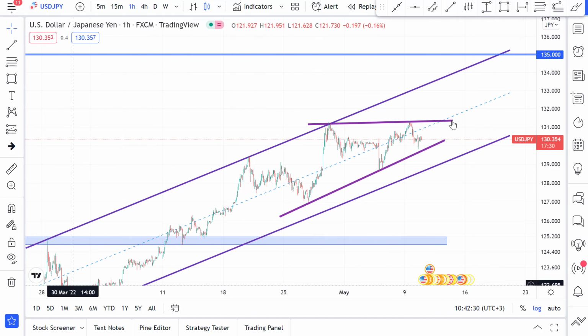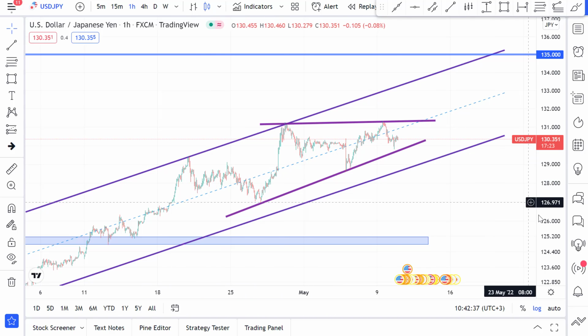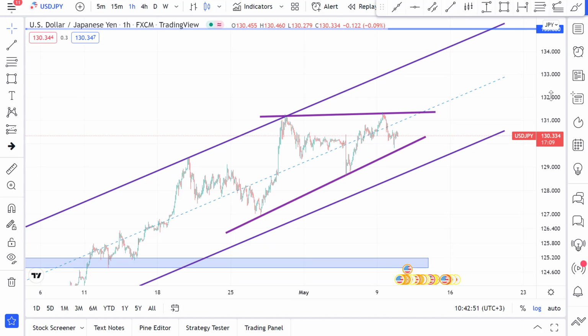I told you that you can draw the same channel I have drawn, and these two lines are very strong. We should wait to see if there is any reaction at the bottom, and after that maybe the midline and this part, because we can see a stronger US dollar in the long term.